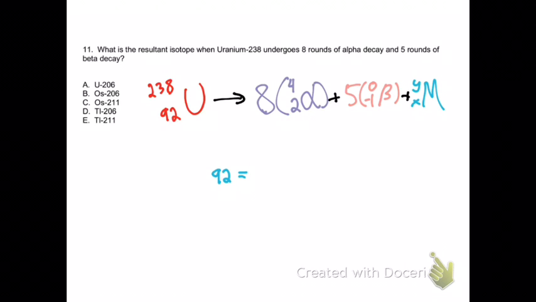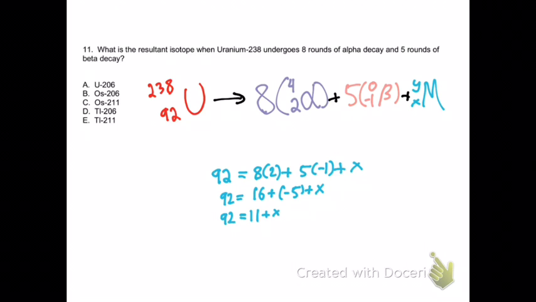So 92 is equal to 8 times 2, that's from the alpha decays, plus 5 times -1, that's from the beta decays, plus X. So 92 is equal to 16 plus -5 plus X, which means 92 is equal to 11 plus X, which means that X is equal to 81.